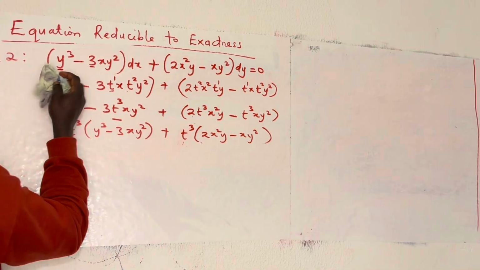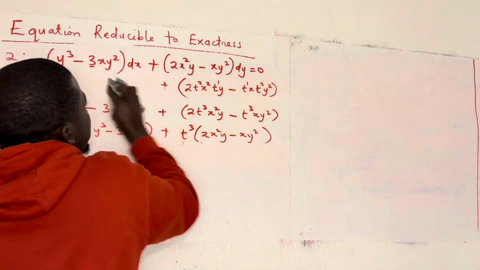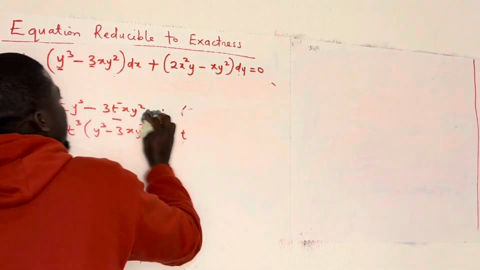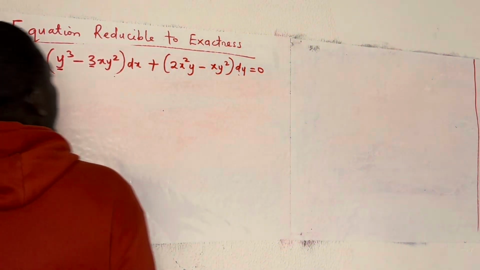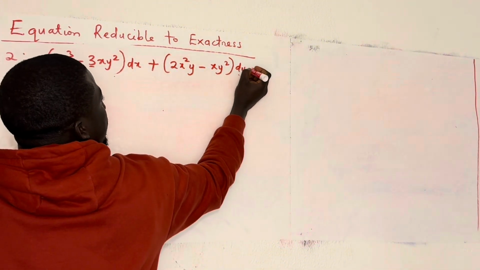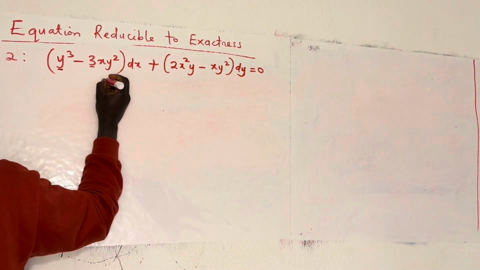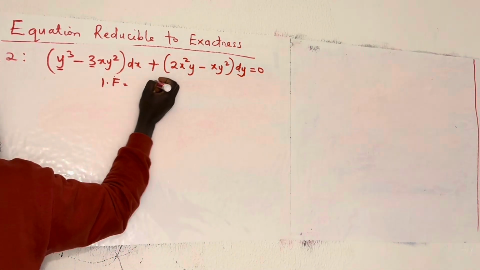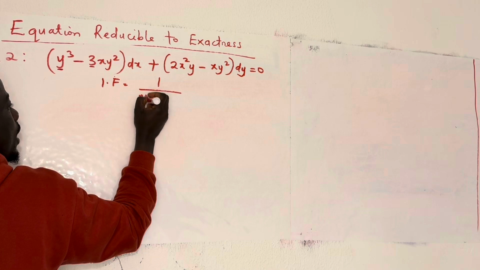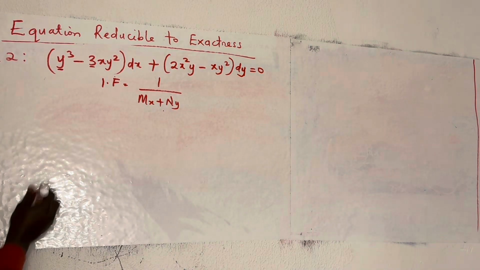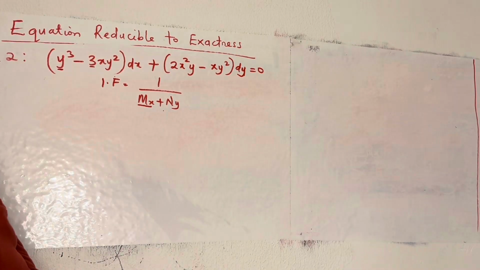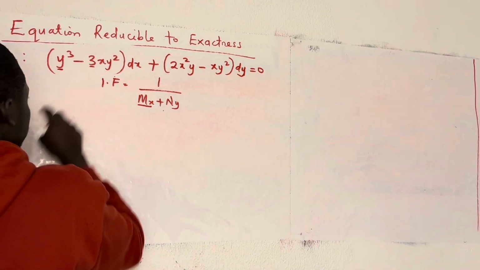And what's our integrating factor? How do we determine our integrating factor? We know our integrating factor for homogeneous is 1 over Mx plus Ny. Now, let's determine our Mx by multiplying the whole of this by x.